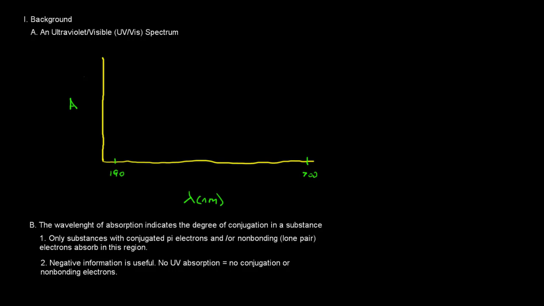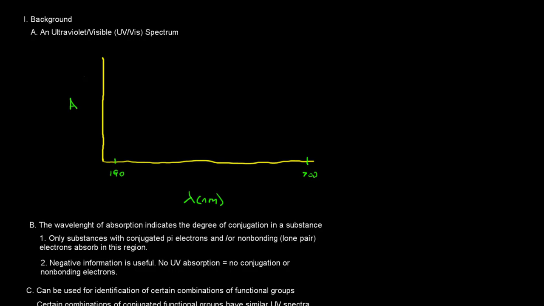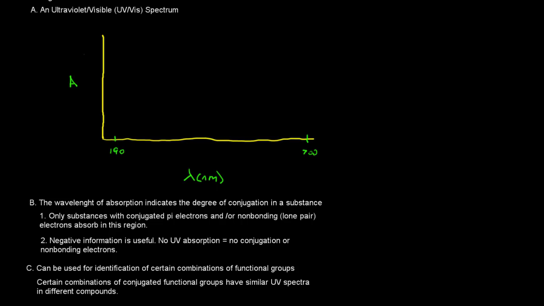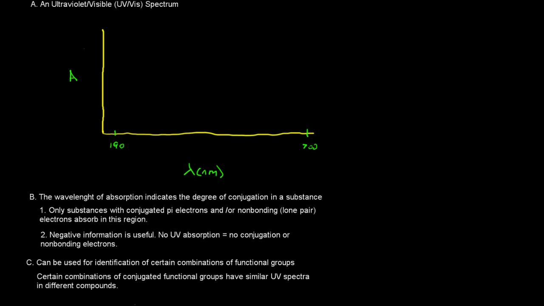Another use of UV visible spectroscopy is that it can be used for the identification of certain combinations of functional groups, and that's because certain combinations of conjugated functional groups have similar UV spectra in different compounds. That's not something that we'll be using nearly as much in this course, but it can be used for that purpose.